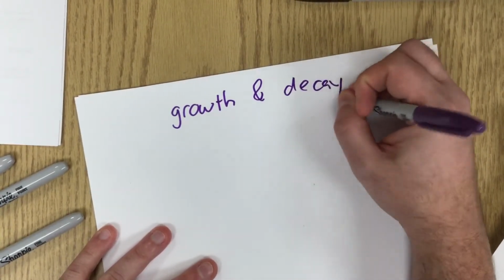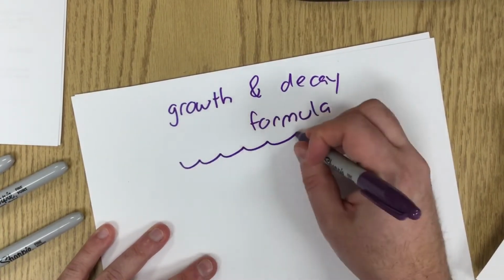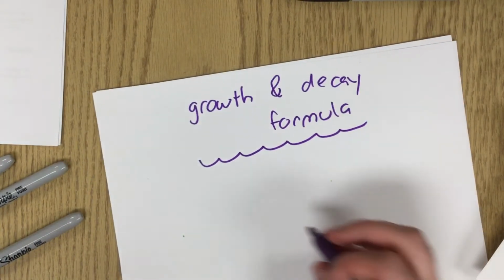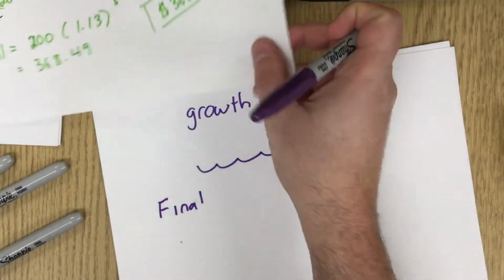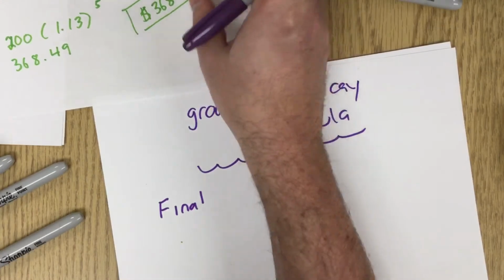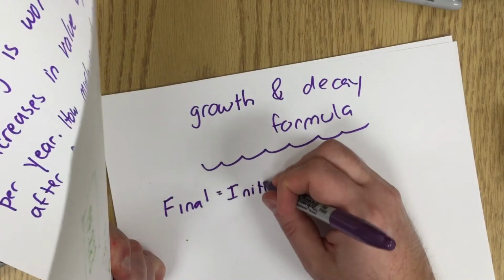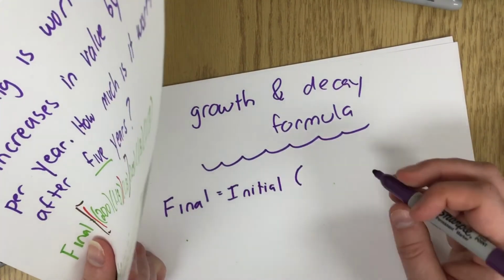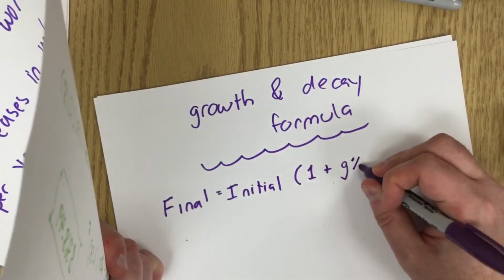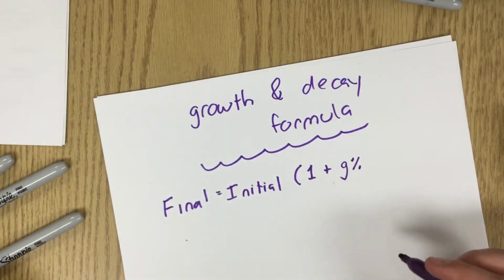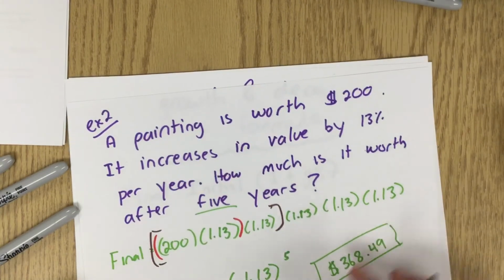And so what we see is that generally the final amount is equal to the initial amount, and then we're going to have 1 plus whatever percentage it's growing by, so kind of the growth percentage, all to the power of 5, and that was the number of times that it grew by that.